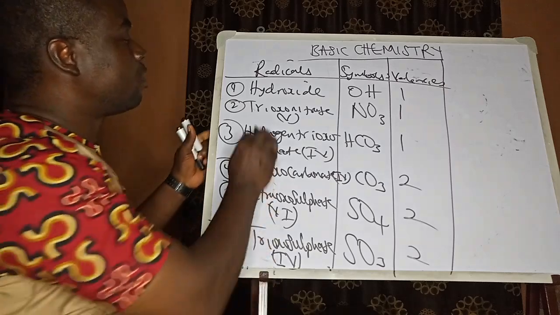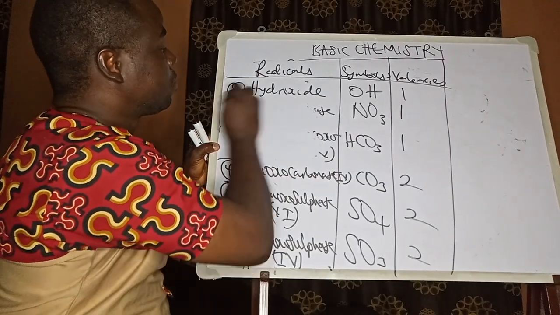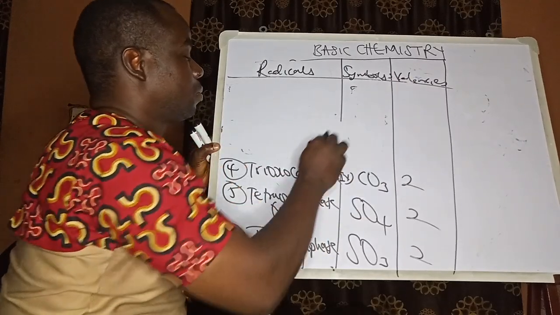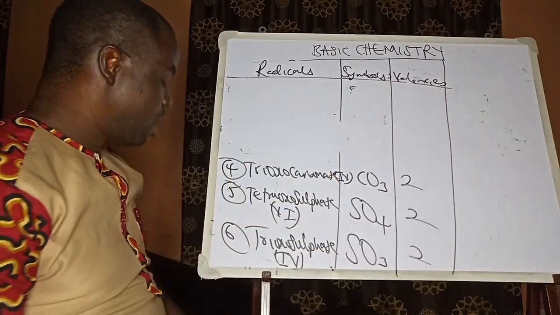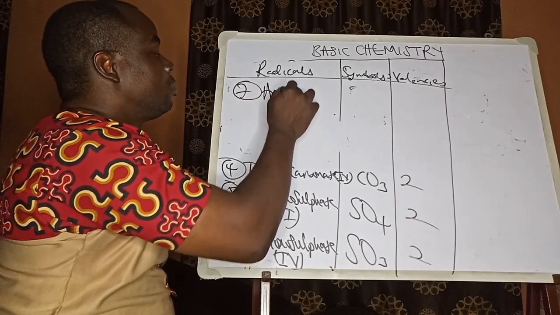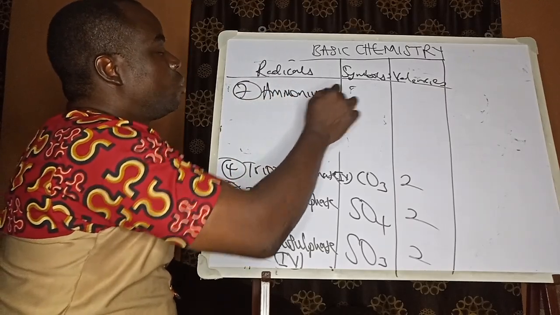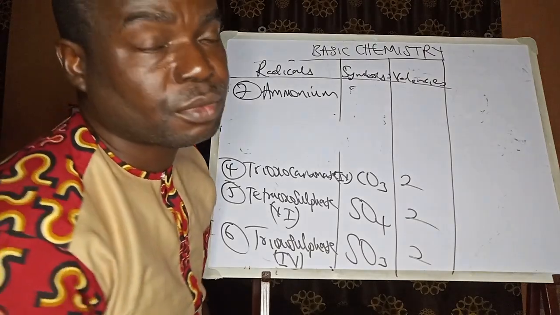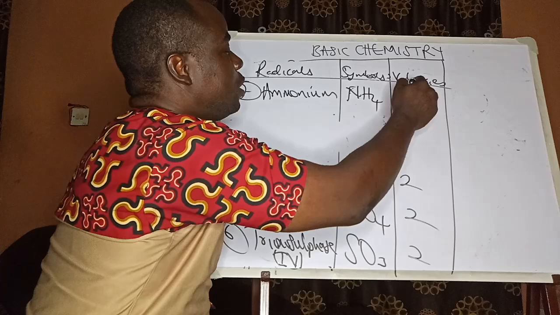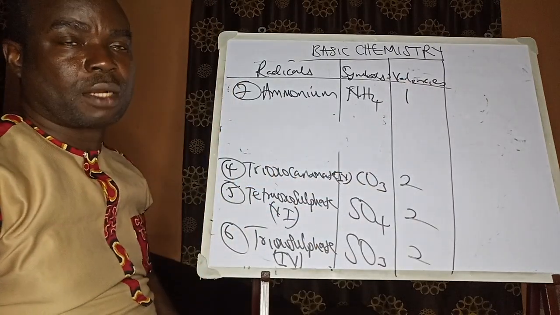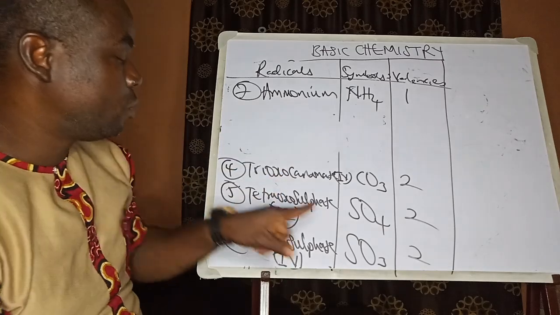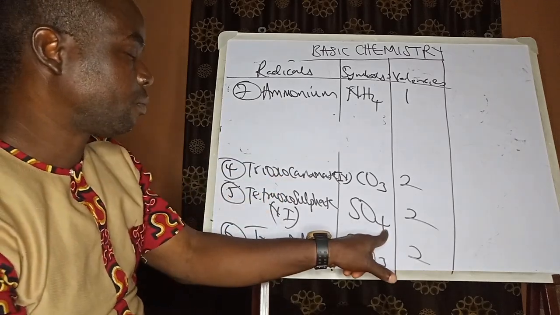Now let me add 1 more. Ammonium. Look at the spelling. Ammonium is NH4. The valence is 1. So make a copy of this. You can learn them. Tetra means 4.